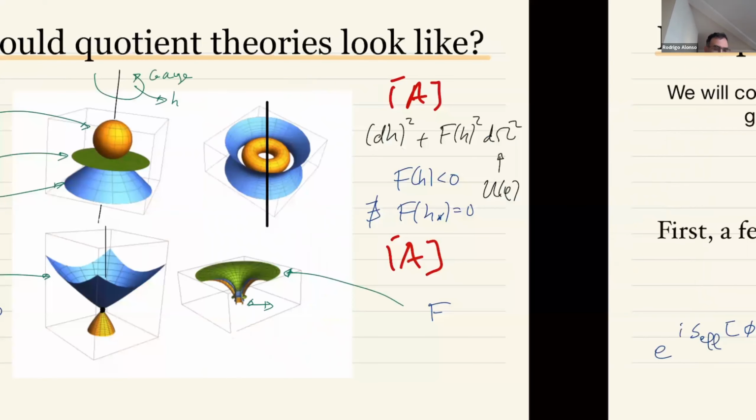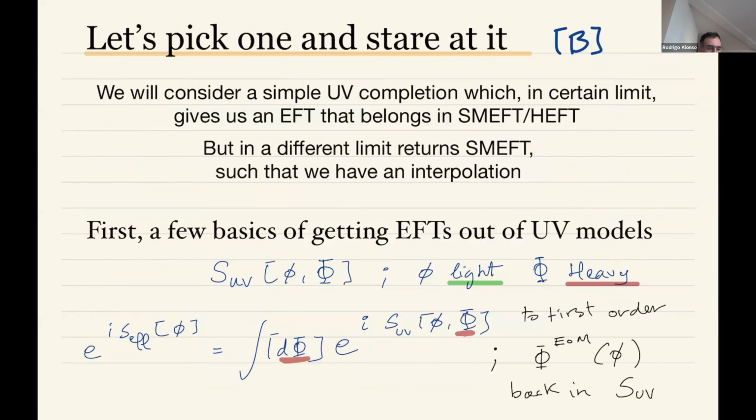Okay, so I'm going to see an explicit example. We're going to look at its phenomenology, and you're going to become familiar with it. For that, we need just a bit of previous knowledge, how to build effective field theories from ultraviolet completions. So we're going to consider a simple UV completion, which in certain limit gives us a quotient theory, SMEFT over HEFT.